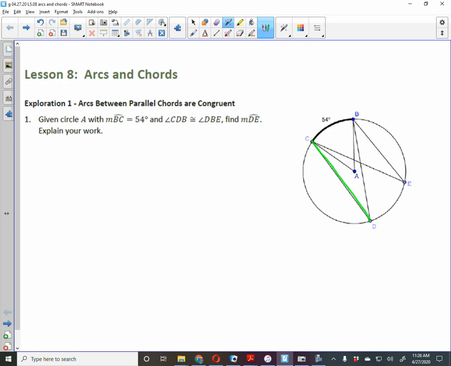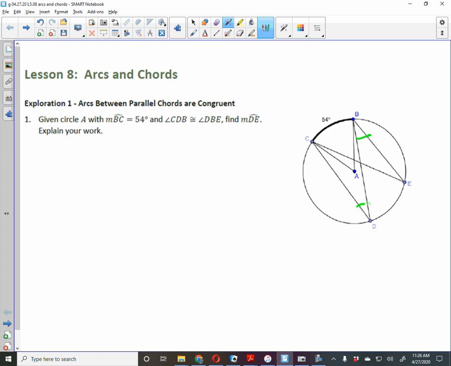Given circle A with arc BC equal 54 and angle CDB congruent to angle DBE. So they're saying that those are congruent, right?